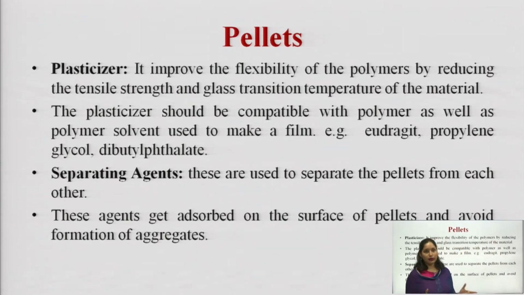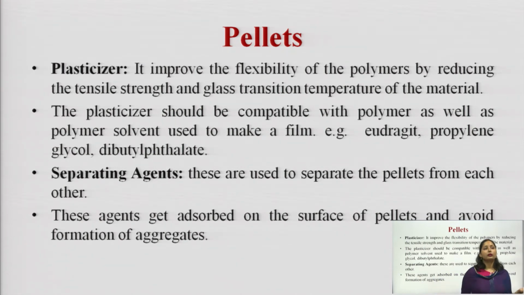Otherwise, if it is not compatible, then it will create interaction and problems in the formulation of the pellet. So, examples are Eudragit, propylene glycol and dibutyl phthalate. So, we can use Eudragit, propylene glycol or dibutyl phthalate as a plasticizer. The next is your separating agent.